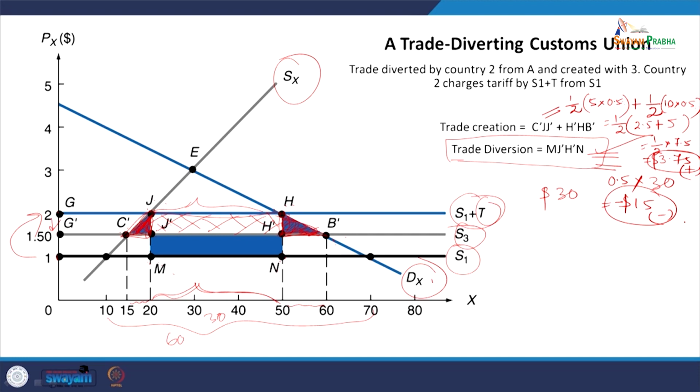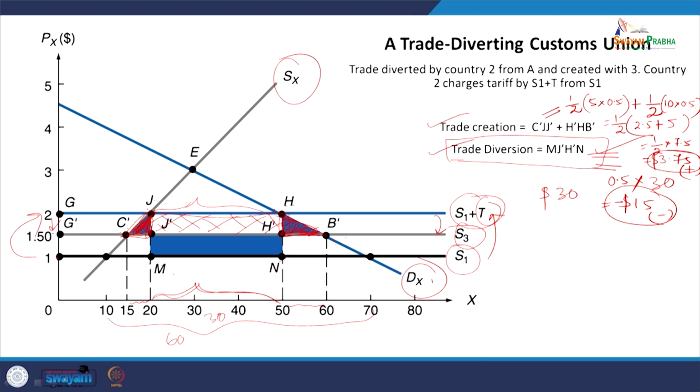Initially we say the country diverted trade to another country by charging tariff, and now the country decided to join with another country, so the price falls. Now we are trying to find out the net impact, the trade creation and trade diversion aspects. It certainly depends on the magnitude of change.